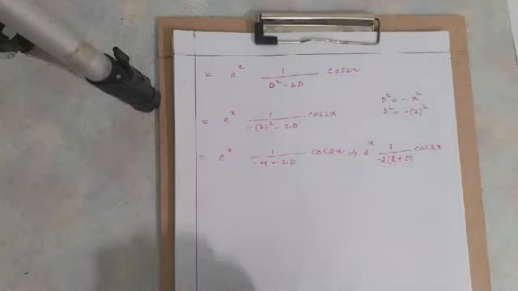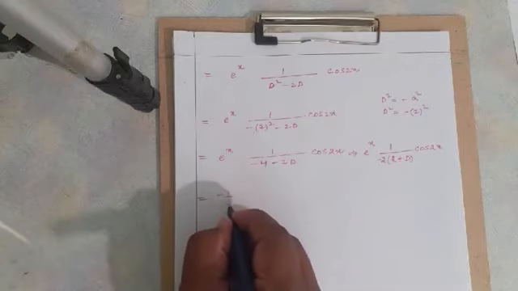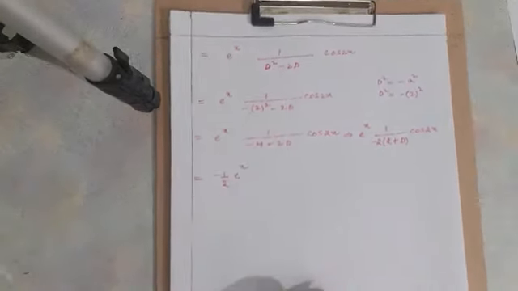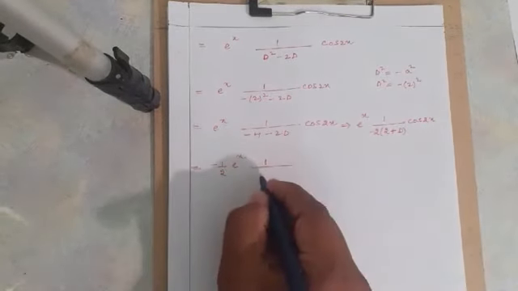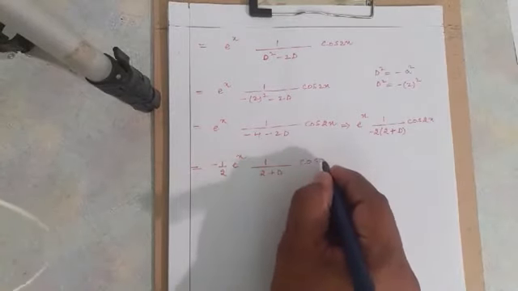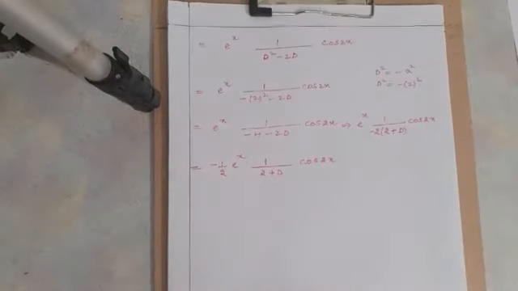Then we can write this constant, minus 1 by 2, first, and then e power x, and the term we left is 2 plus D into cos 2x. Now if it is the case, you have to rationalize.